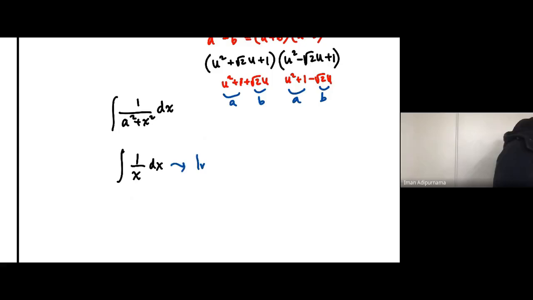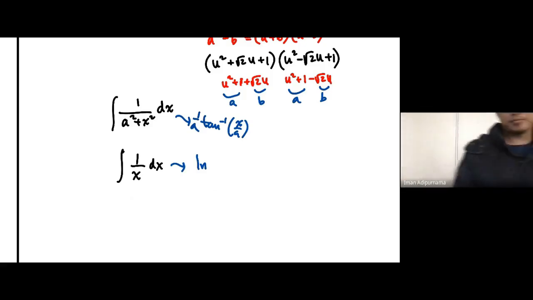So it will result in ln, and it will result in tangent inverse. After you do the partial fractions, you will get at least these two forms, the ln form and the tangent inverse form. You can try it to exercise by yourself.